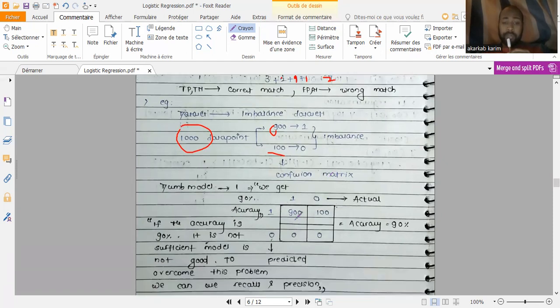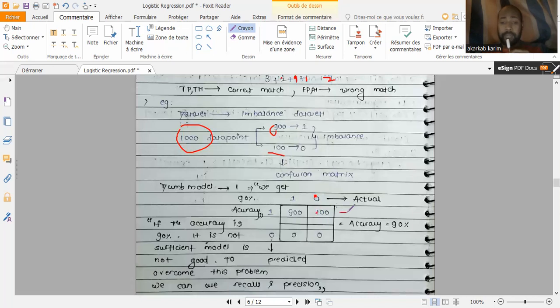If we try to measure the accuracy, consider this confusion matrix here. We have 900 of class 1, predicted also as class 1, but we have 0 for class 0, where we have 100.